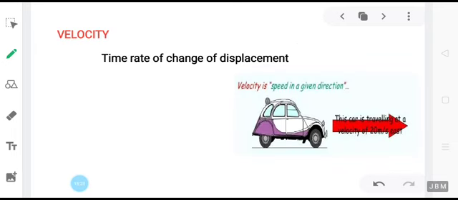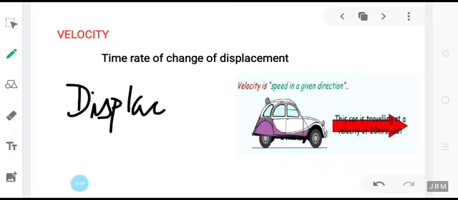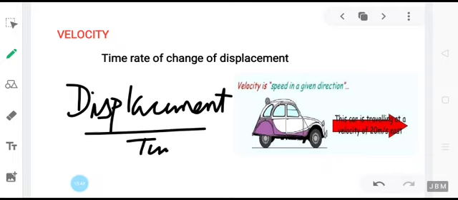So now let us study about velocity. Velocity of an object is defined as the time rate of change of displacement of the object. It is also defined as the speed of an object in a given direction. So quantitatively, velocity is equal to displacement divided by time.